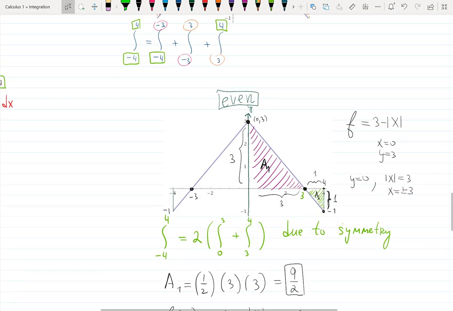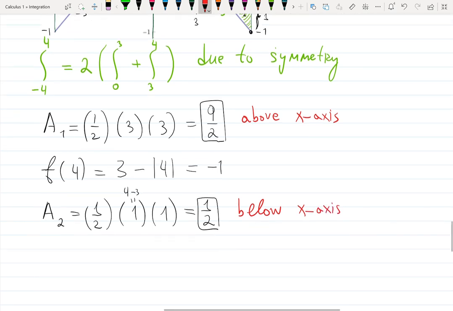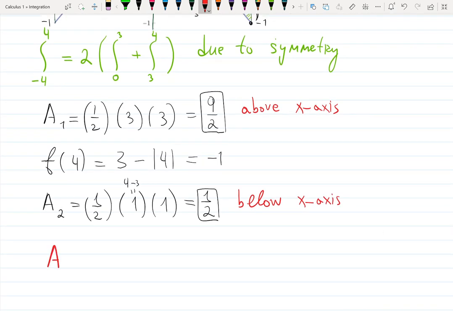Now, since the first area was above x-axis, but the second one was below x-axis, the total area A, and that area is, I would say, the area on the right from y-axis, will be A1 minus A2, which is 9/2 minus 1/2, which is 8/2, which is 4.